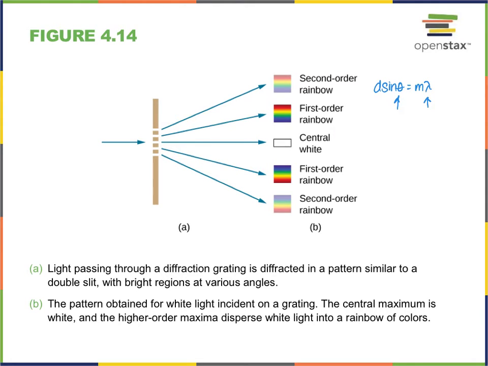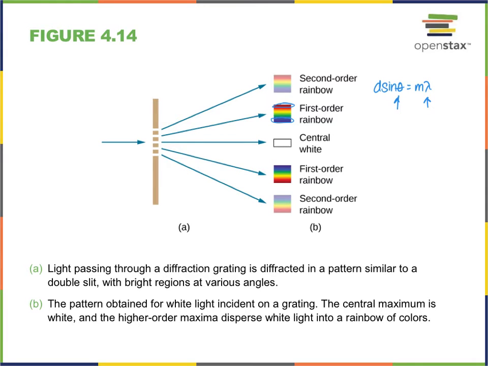This is why the diffraction grating allows us to break down white light into its component parts, because we get constructive interference for the different wavelengths, which of course are the different colors of light, at different angles. And so that allows them to get separated. Here we see the blue and the violet and the red at opposite ends, because they constructively interfere at different angles, since the condition for constructive interference depends on the wavelength.